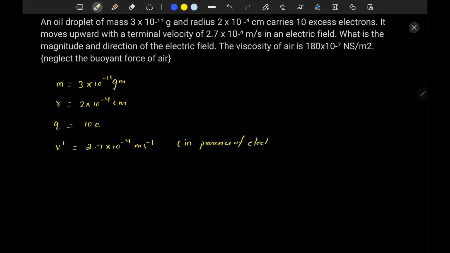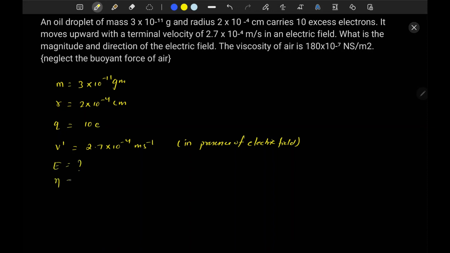Next question is, an oil drop of mass 3 into 10 power minus 11 gram and radius 2 into 10 power minus 4 cm carries 10 excess electrons. It moves upward with a terminal velocity of 2.7 into 10 power minus 4 meter per second in an electric field. So this is v dash. In presence of electric field, what is the magnitude and direction of electric field?